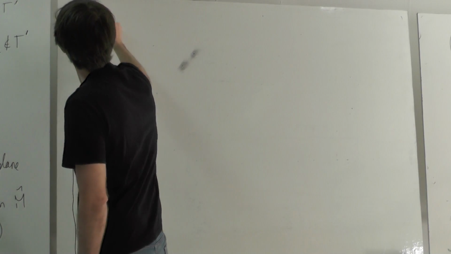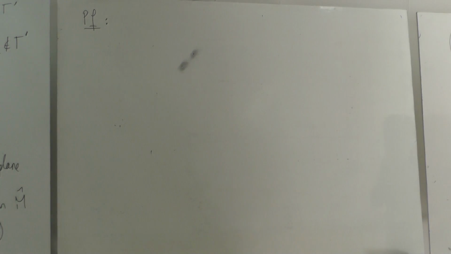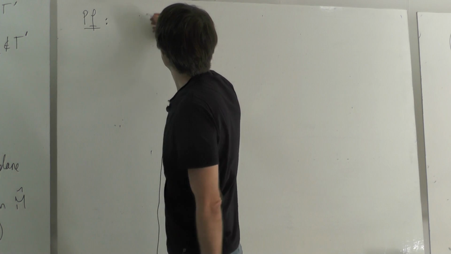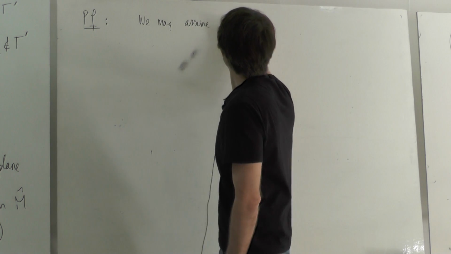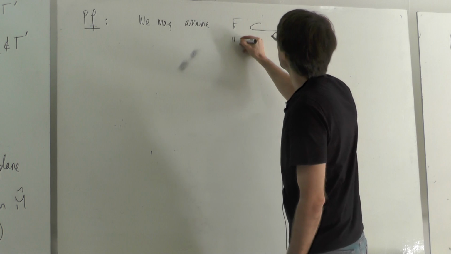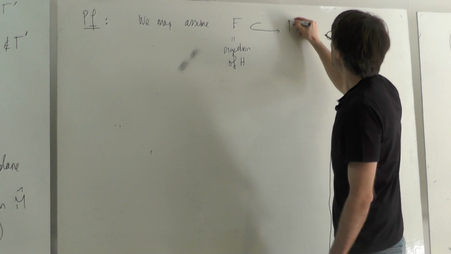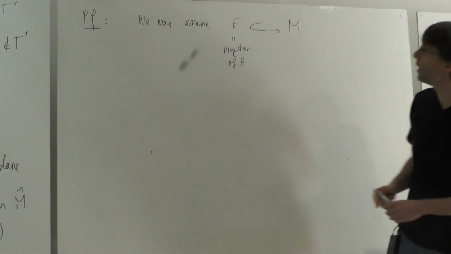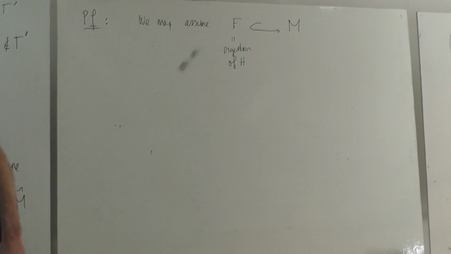So let's prove this. So the first theorem implies that we may assume that F, the projection of H, is embedded inside M. So we have a totally geodesic embedded codimension 1 submanifold. We may even assume, so M is, by hypothesis, orientable.